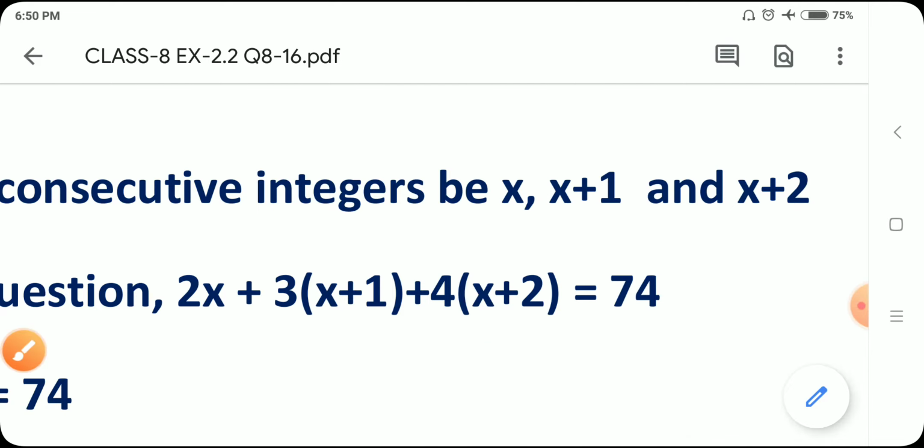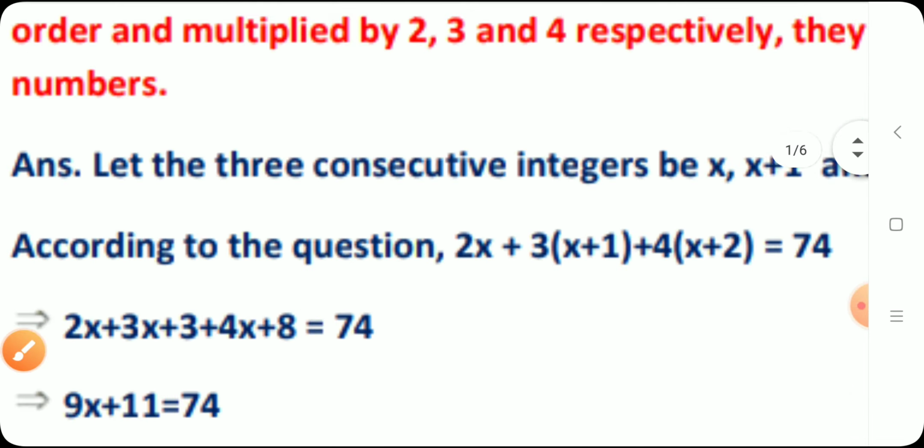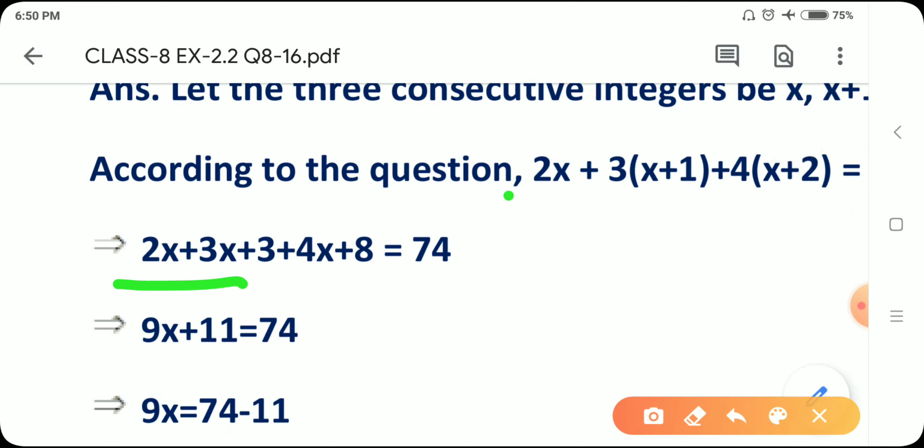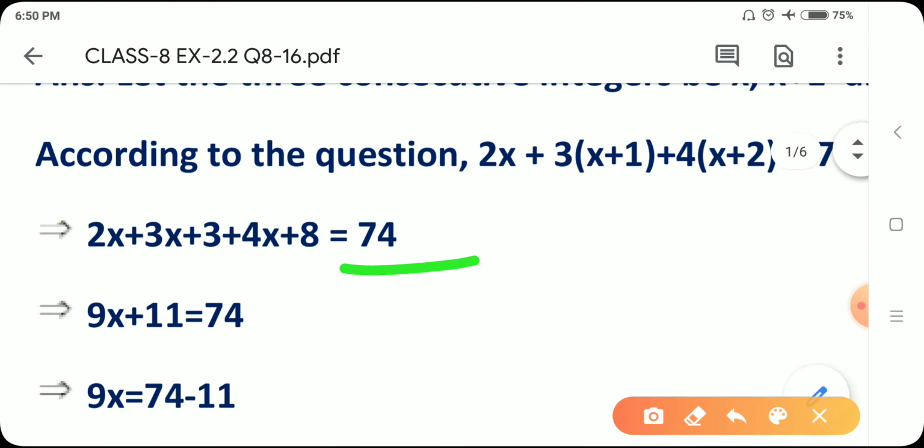Solving it, we get 2x plus 3x plus 3 plus 4x plus 8 equals 74, multiplying the 4 and the 3 into the brackets.